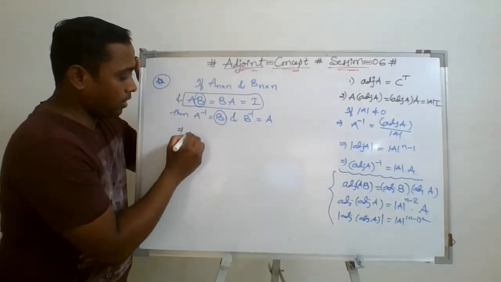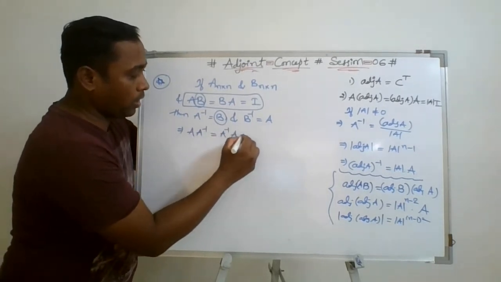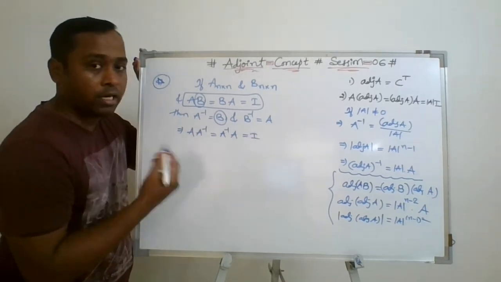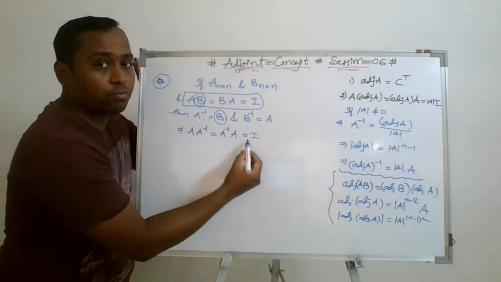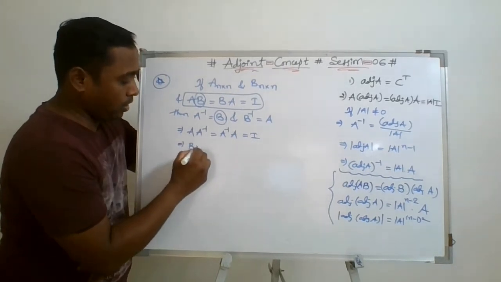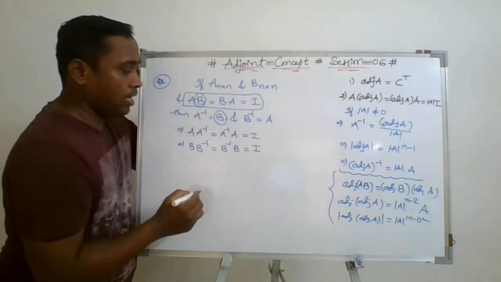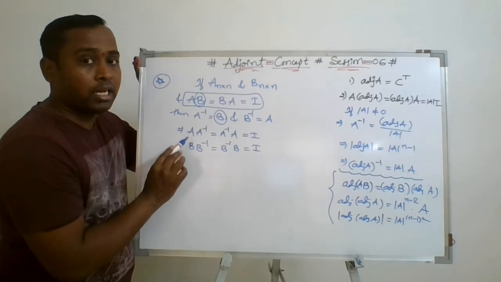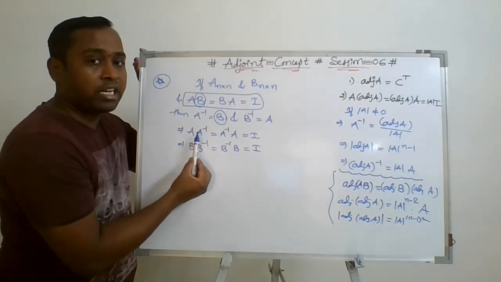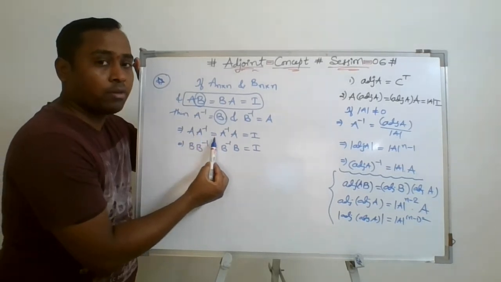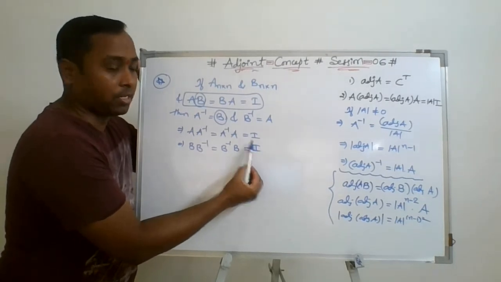Hence, the same result can also be written as A into A inverse is equal to A inverse into A is equal to I. Or in terms of B, you can write B into B inverse is equal to B inverse into B is equal to I. So the same result we are writing in terms of inverse language. So if a matrix is multiplied by its inverse, or the inverse of the matrix is multiplied by the matrix, the result is the identity matrix.